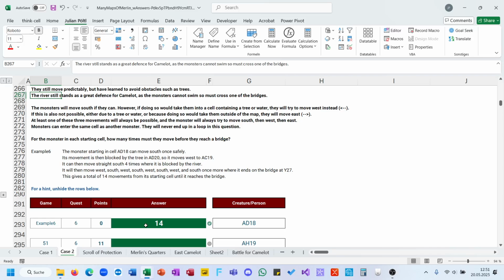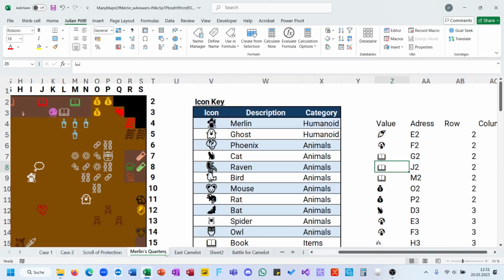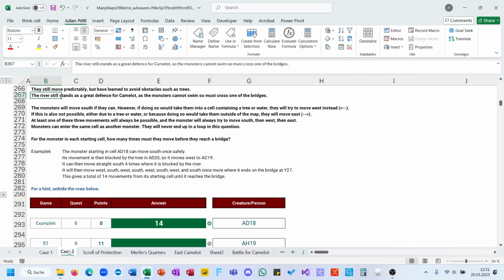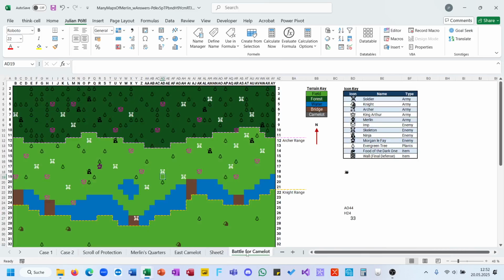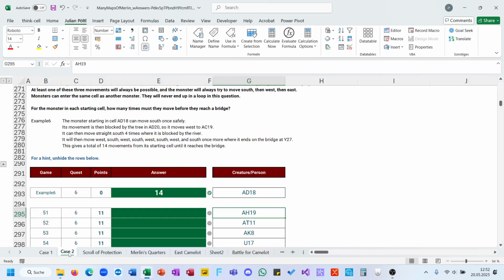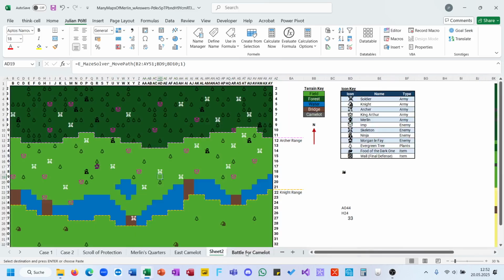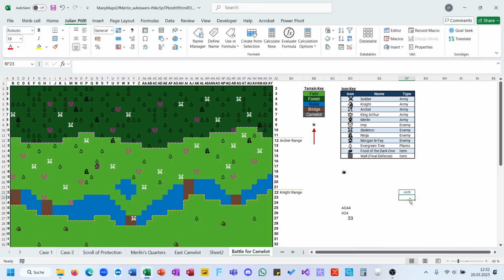How should I do this? Somehow I need to do this in a kind of iterative way.